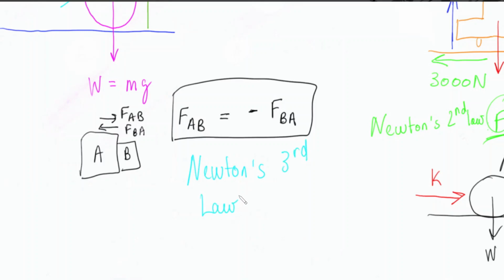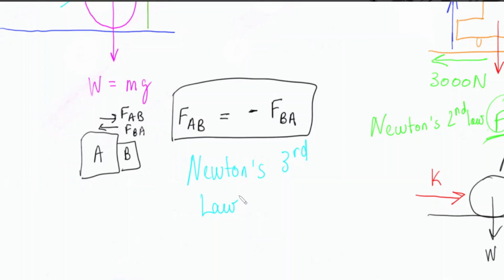Now, why is it that if both objects are experiencing a force in the opposite direction, that the ball accelerates so much more than the leg? Well, this is actually explained by Newton's second law, because we learnt that the acceleration of the body experiencing the unbalanced force would be proportional to the mass of that body.